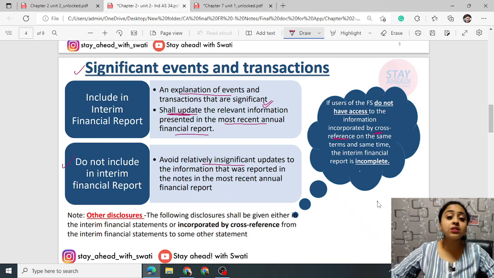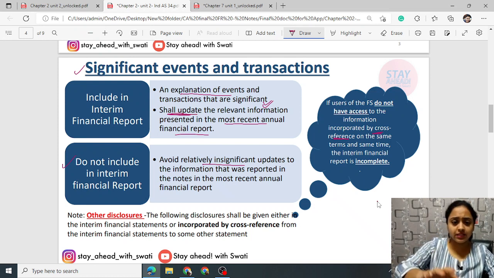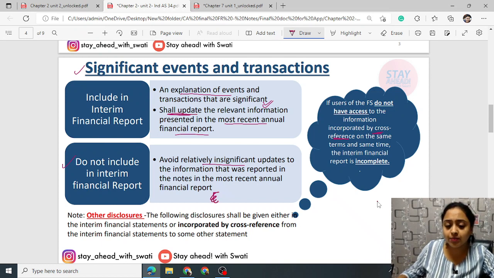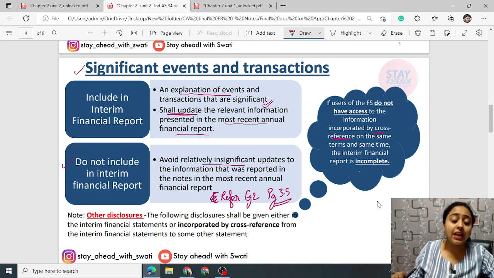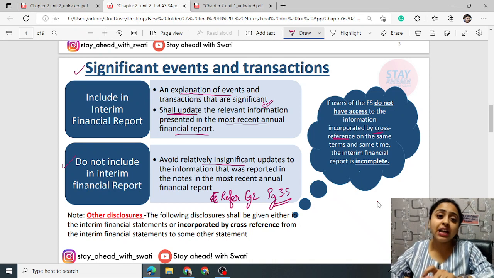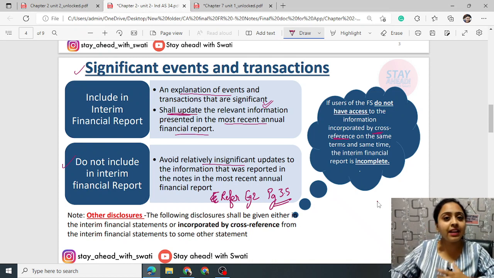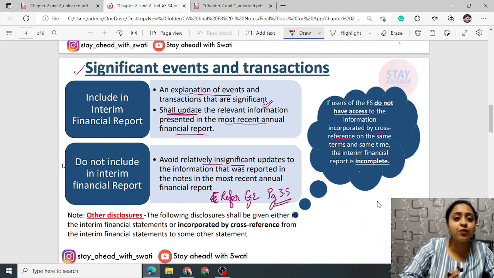See, what is cross reference? For example, over here, this particular slide is there. Suppose I ask you to please refer to example number 2, page number 3.5. Now, if you have access to the particular module I am asking you to refer, then it's fine. Then the particular information is valid for cross reference.